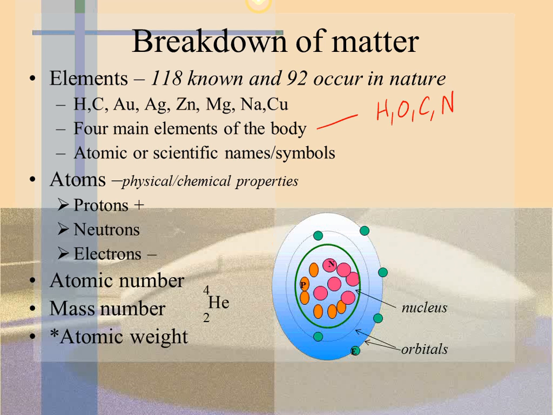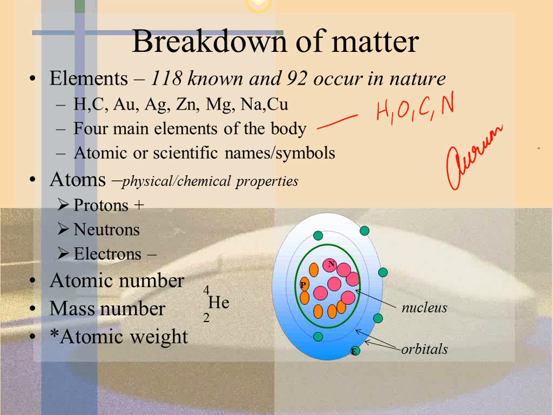Oxygen is O. C is for carbon, again the first letter. Au is for gold; gold comes from the Latin name aurum. Silver's name is argentum. Zinc is Z and N. Magnesium is M and G.